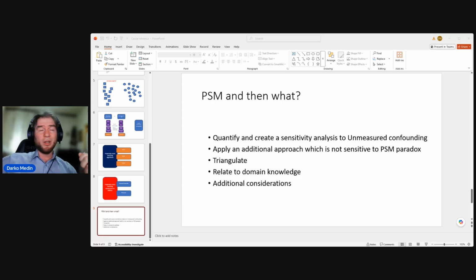We cannot just say, oh, this is the result. We have to try different angles. For example, we can try 3 algorithms of matching. We could try propensity score matching and weighting. We could try different subgroups in a population and see if the subgroups affect the results.